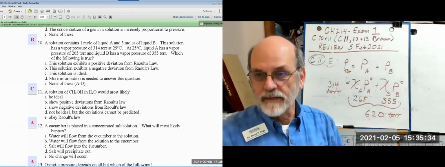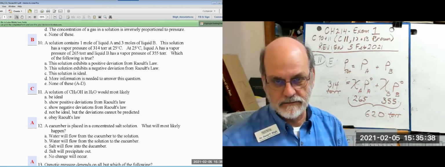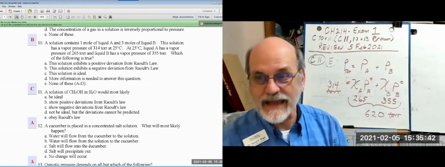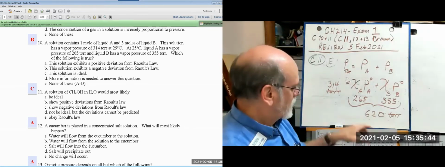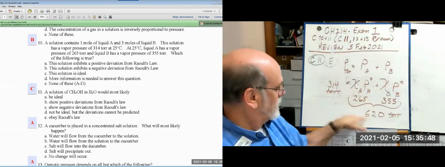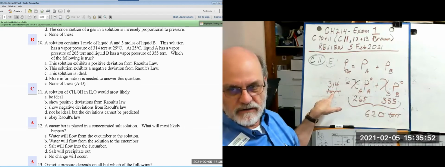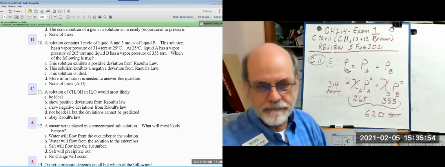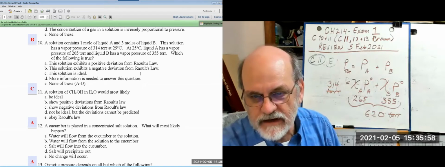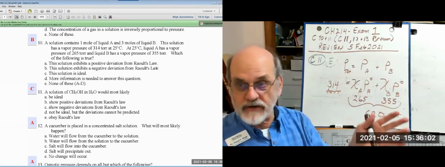So what do we have? A positive deviation from the ideal. No, excuse me. Negative deviation. This is what we would expect when you add the two together. But it's actually that. So we have a negative deviation. So there we have, this solution exhibits a negative deviation from Raoult's law. That's it. That's the answer.